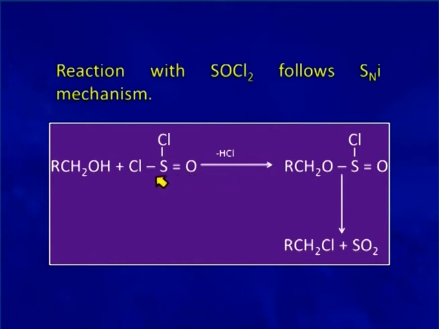In this case, see what happens is that this alcohol reacts with thionyl chloride, there is removal of HCl and formation of this complex, and then since the chlorine is present within the molecule, this attacks the electron deficient carbon from inside. That is why there is retention of configuration, or in other words we can say that if we start with an optically active dextrorotatory alcohol, the product formed will be a levorotatory haloalkane.